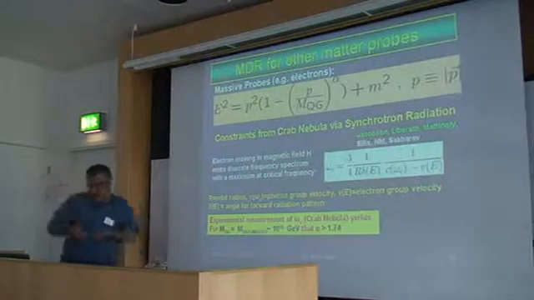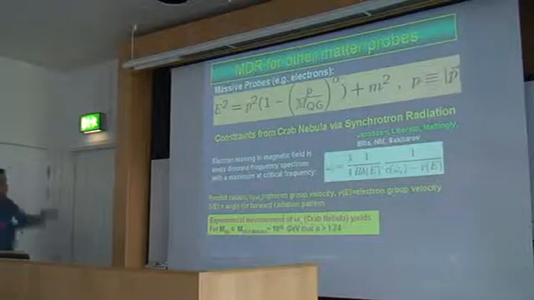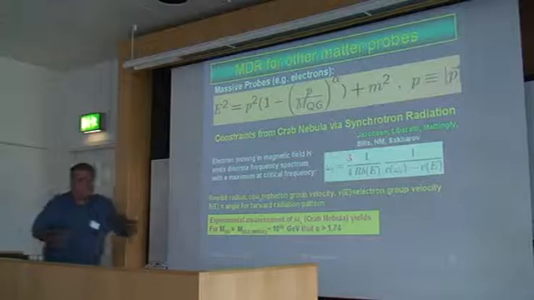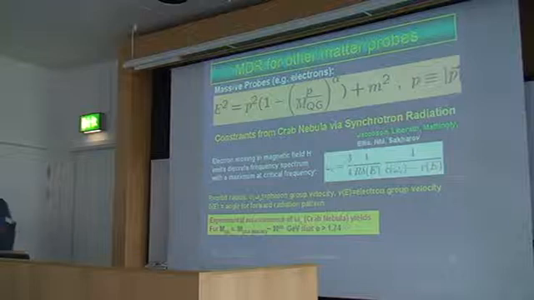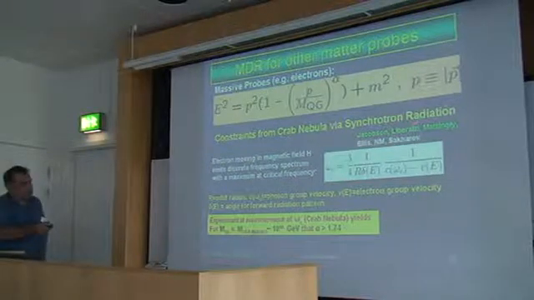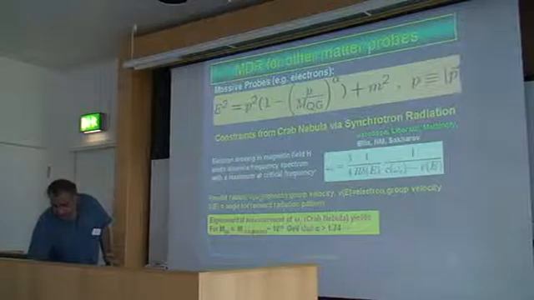So, briefly what I said earlier, I was not planning to discuss this, but since I talked today, I decided to adapt my talk quickly to this. If you test massive probes, then the best constraints come from synchrotron radiation from the electron spectrum of the Crab Nebula, as was discussed by Jacobson, Liberati, and Mattingly long ago.